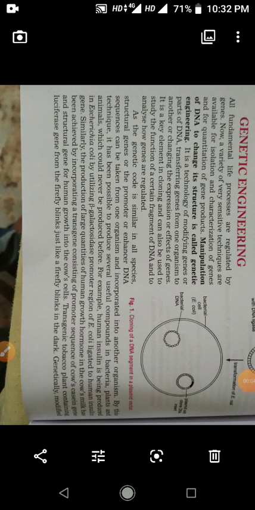Children, now I am going to teach you about genetic engineering. Manipulation of DNA to change its structure is called genetic engineering. Genetic engineering is a popular term used for recombinant DNA technology.